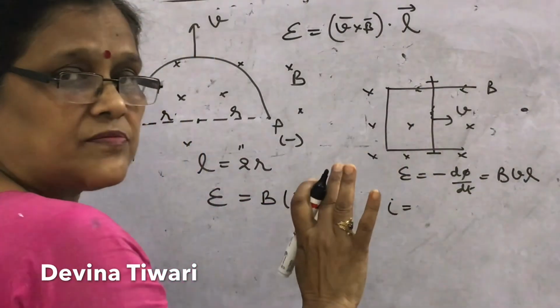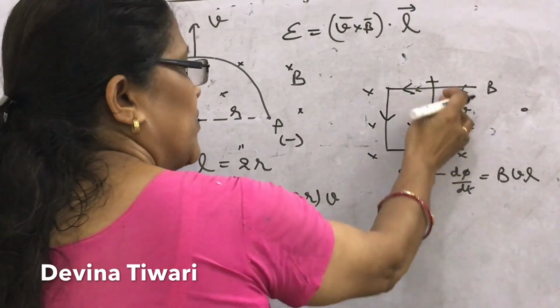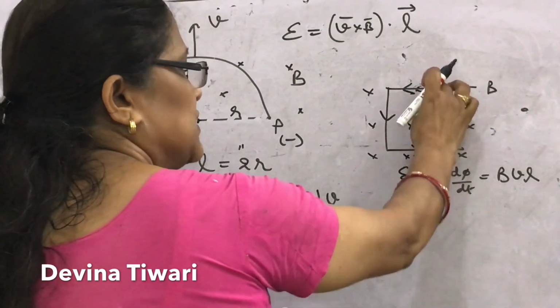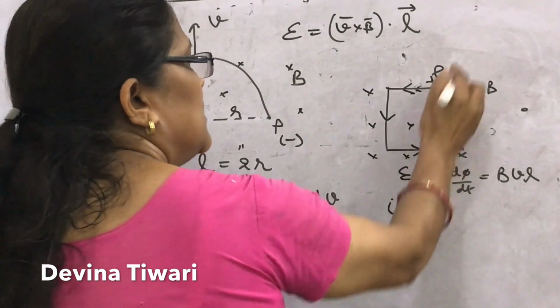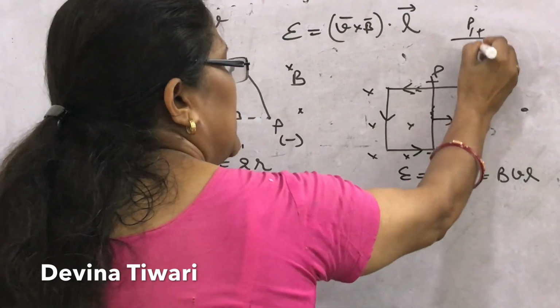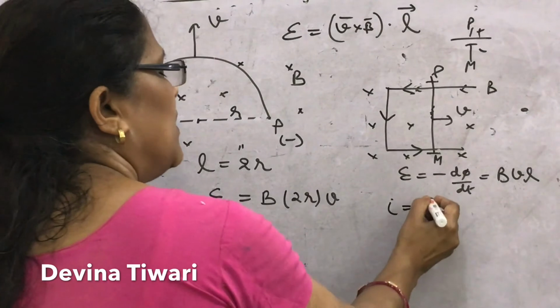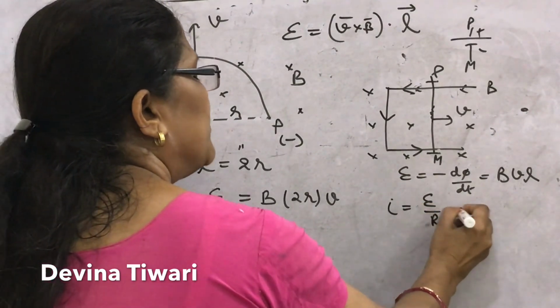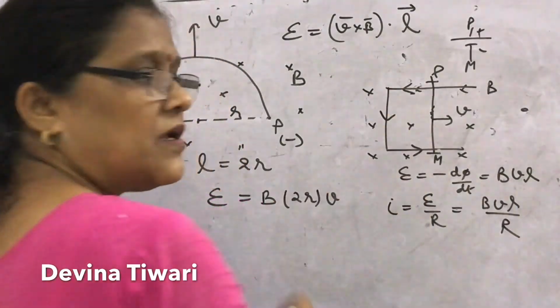Direction of current will be from positive to negative. This end, suppose PM, will act as the cell terminal, P positive and M negative. What will be the induced current I? E upon R, so this is BVL upon R.